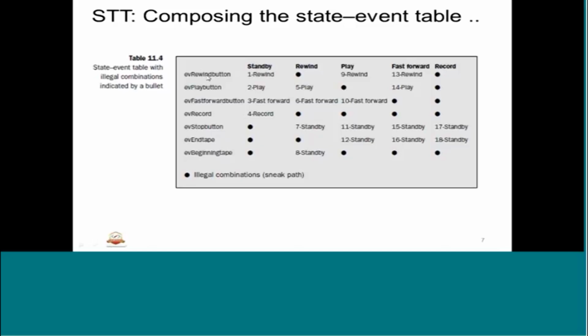You can see from standby, the rewind button can be pressed. So this is uniquely numbered as 1. Play can be pressed, 2. Fast forward can be done, 3. The 4th is record.